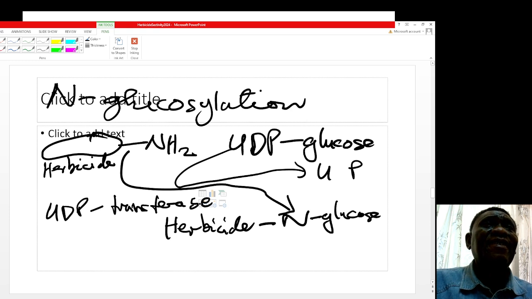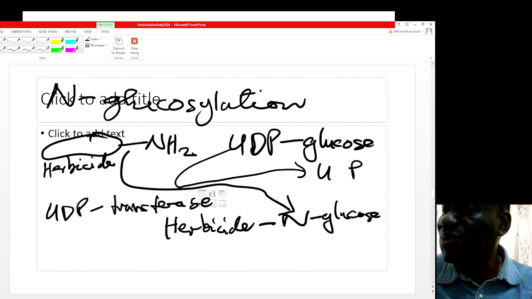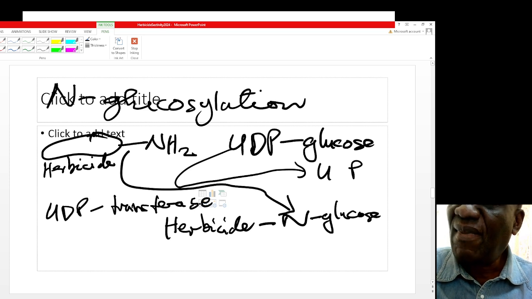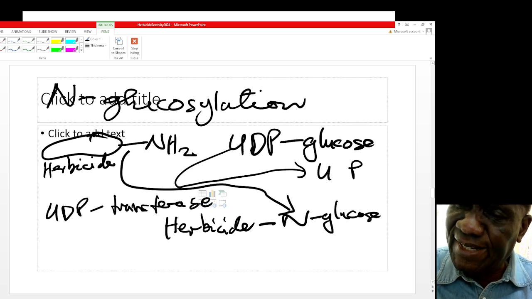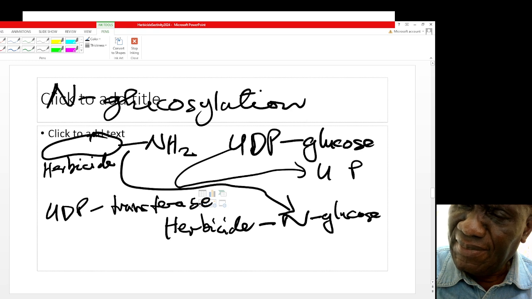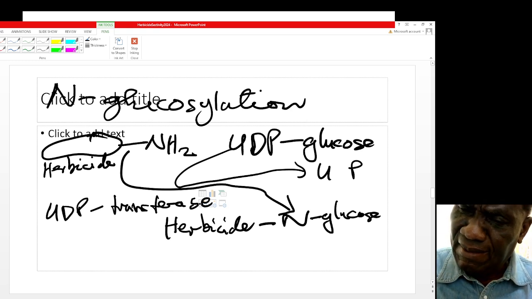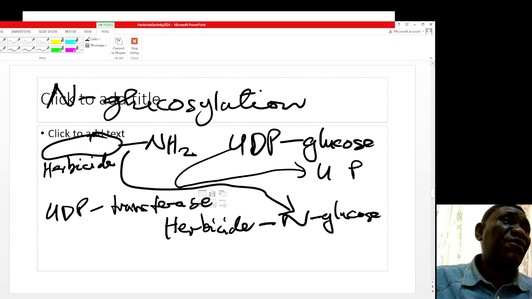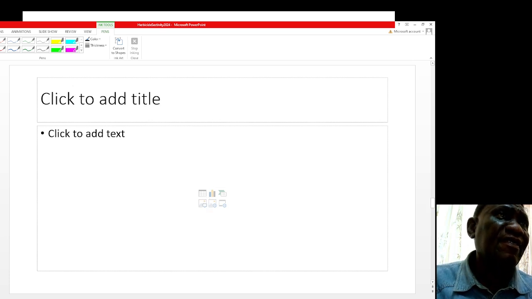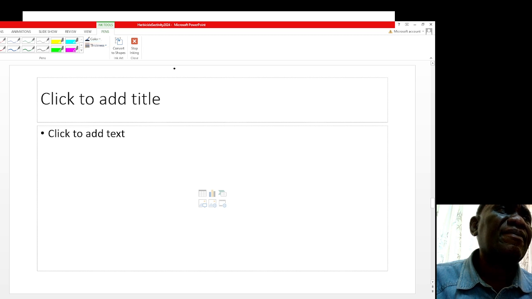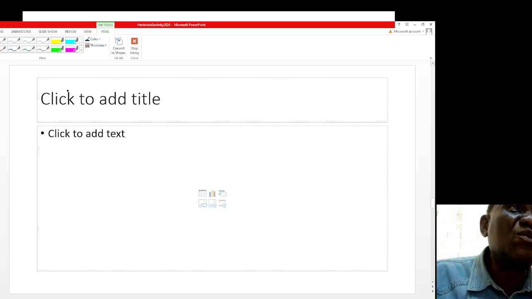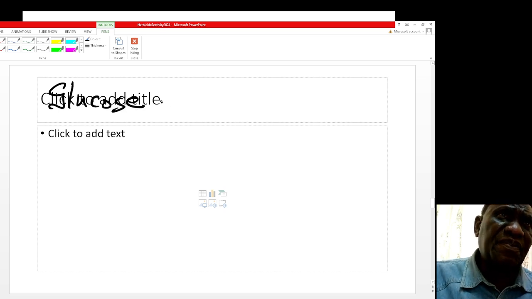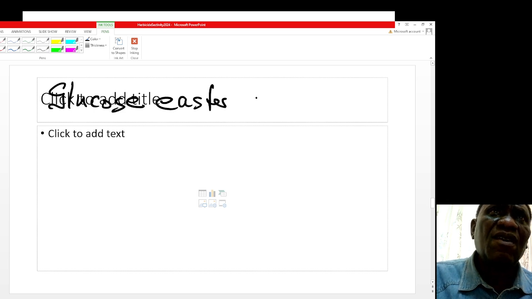Third, we are going to have an ester formation, a glucose ester formation.